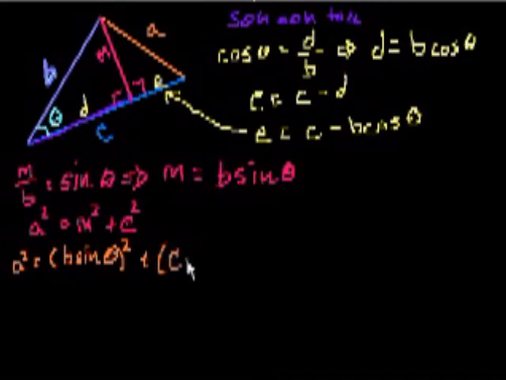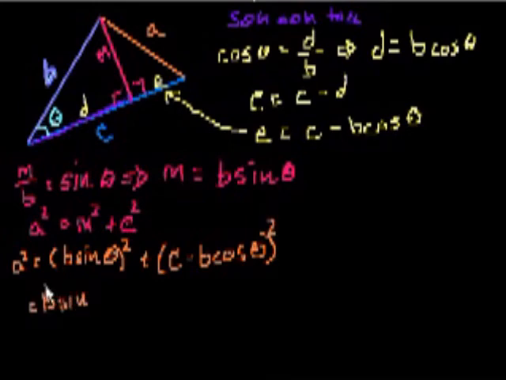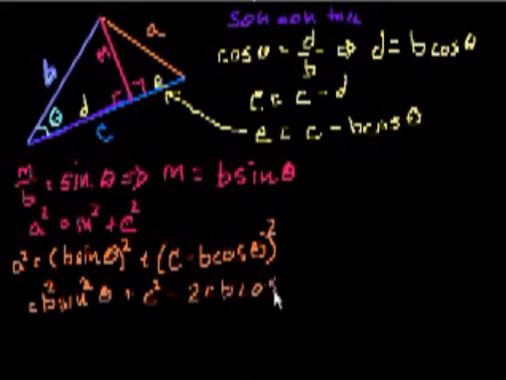Let's do some simple algebra, and after a little bit of work, we will end up with a squared equaling b squared sine squared of theta plus c squared minus 2c times b times cosine of theta plus b squared cosine squared of theta.